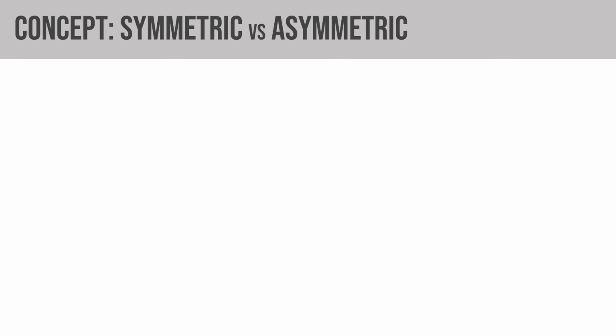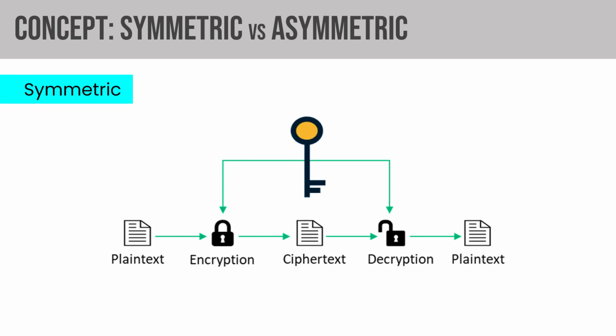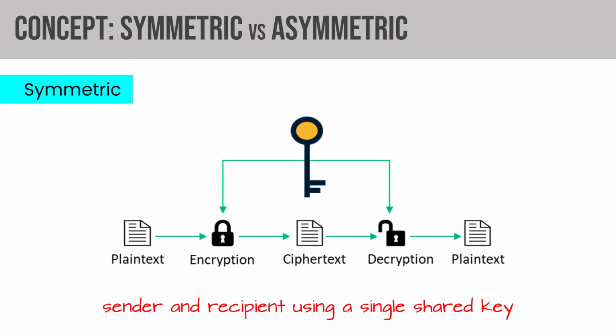So let's start by talking about the most basic difference between symmetric and asymmetric cryptography. Your symmetric algorithms use a single shared key between your sender and recipient. We'll talk about the advantages and disadvantages of that later, but symmetric, we have a single shared key.